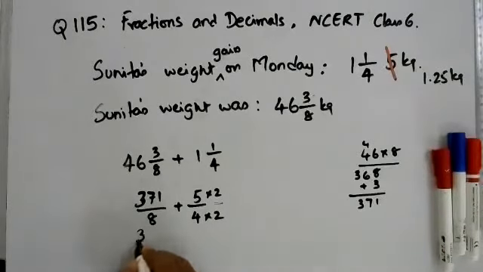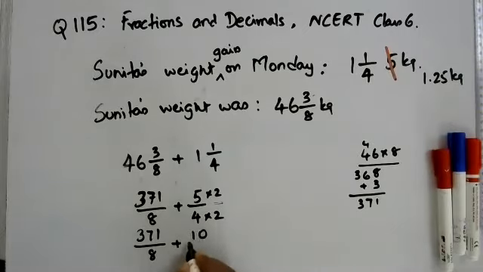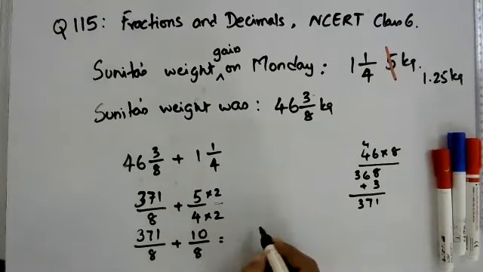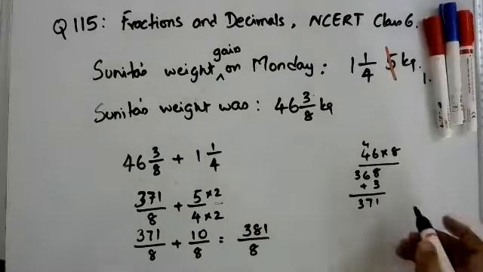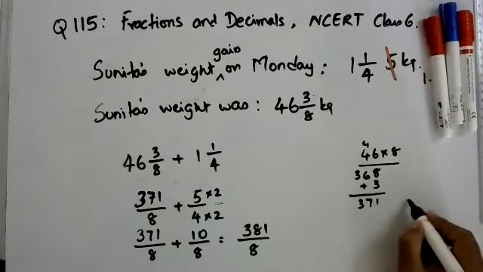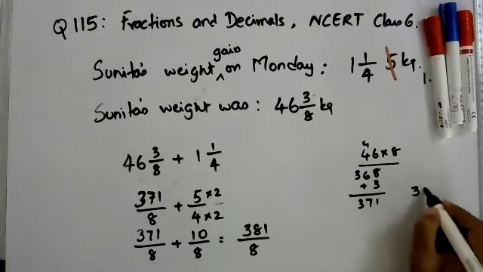So when I do that, I get 371 upon 8 plus 10 upon 8, and that gives me 381 upon 8, which then I have to again convert into a proper fraction. So I have to divide it, right? You have to do that. It's not complete until you do that.